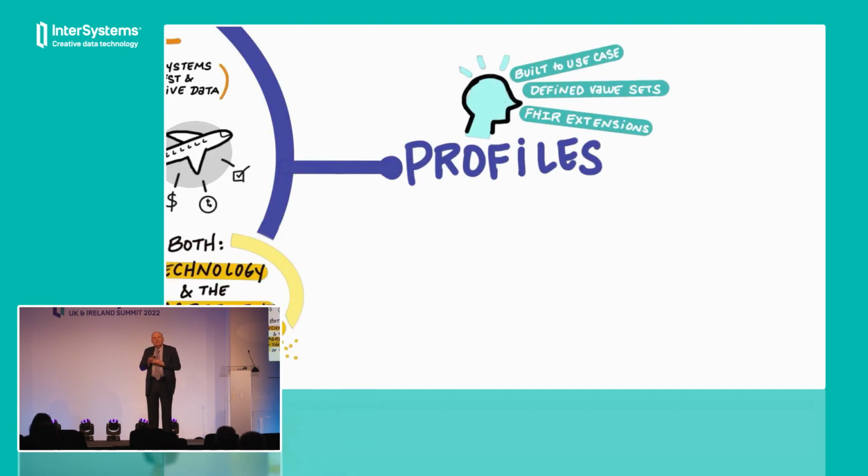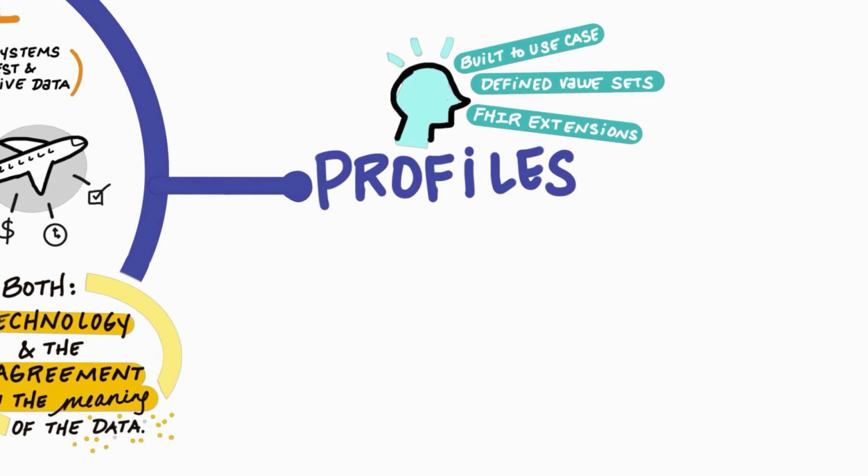The second and very important concept to understand in FHIR is FHIR profiles. So FHIR profiles are the description of what you need for a particular use case. They're all of the FHIR data elements that you need for that use case, for that FHIR resource.